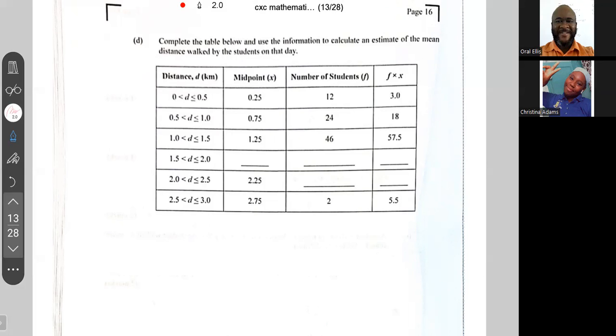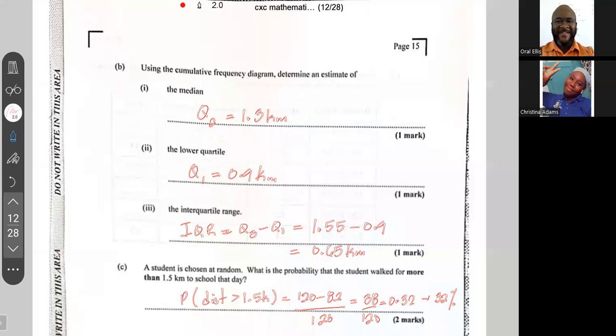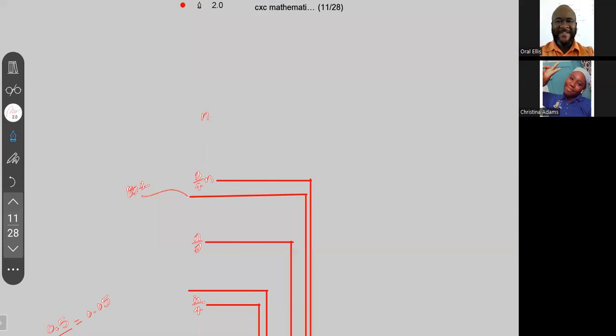All right, so we need to know how many students walk between 1.5 and 2 kilometers.